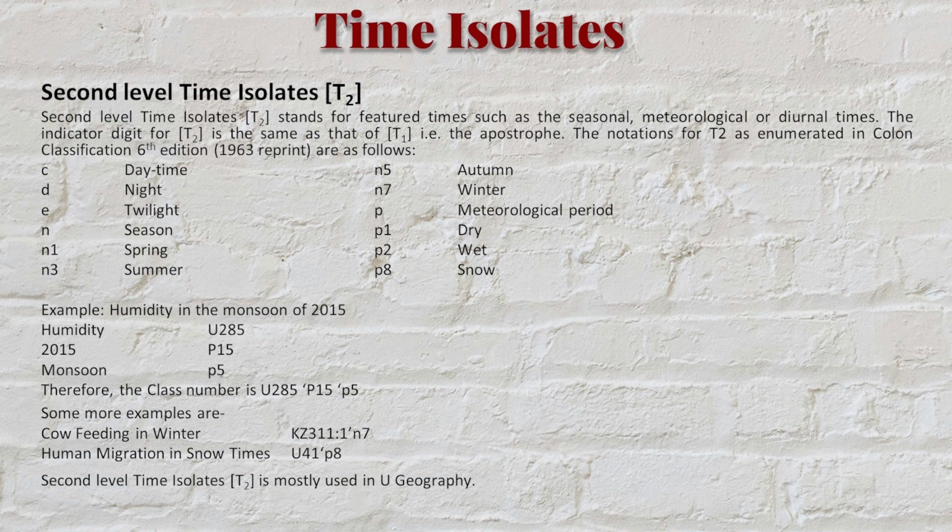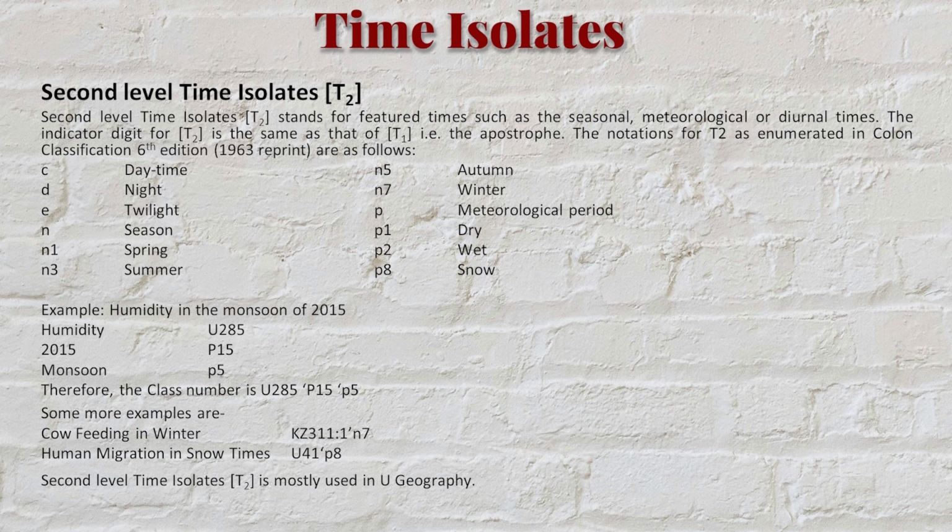As for example, we can present here the humidity in monsoon of 2015. Here 2015 is a level 1 time isolate, and monsoon comes under the level 2 time isolate. So the main class comes under notation for geography is U, capital U, and for humidity is U285.